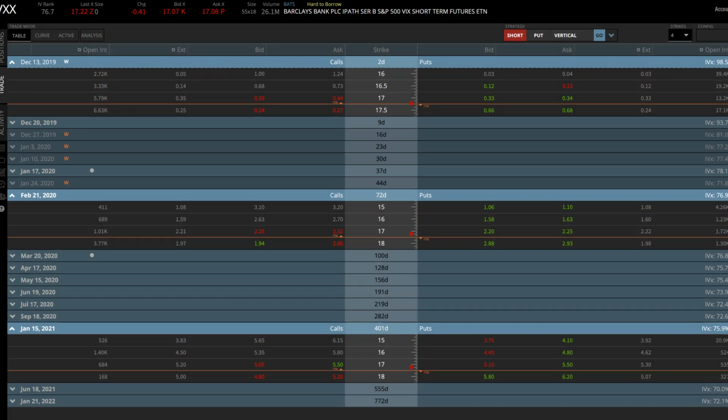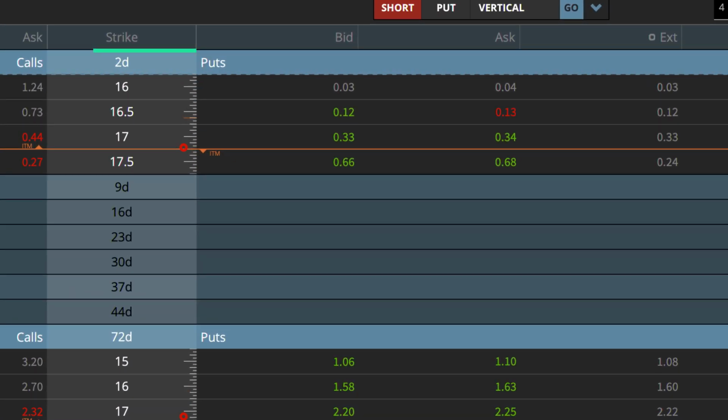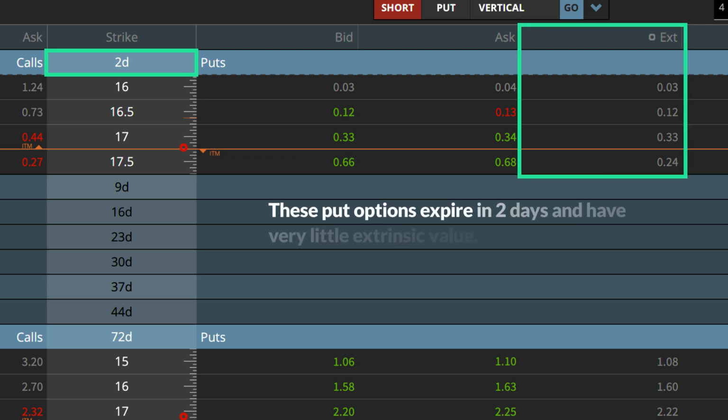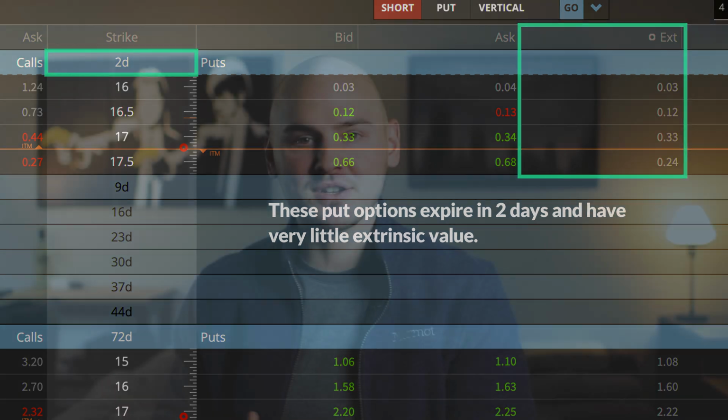If you look at options with very little time until expiration, they will not be trading with much extrinsic value because with less time until expiration, the option's valuations are more certain because there's less time for the stock price to move, and therefore there's less time for the option price to experience a big change, as big changes in the stock price typically do not happen in short periods of time.